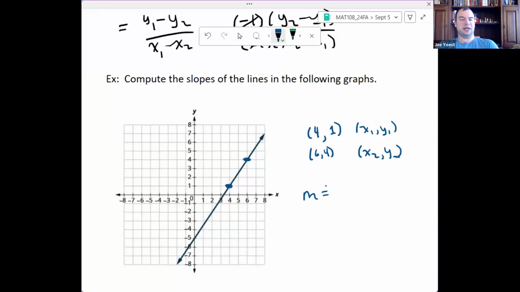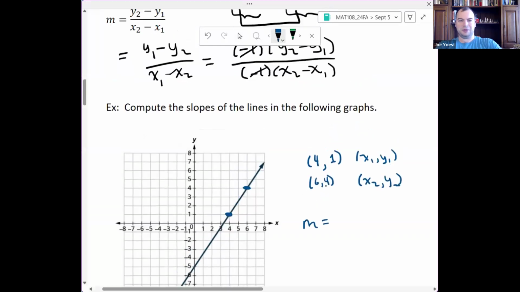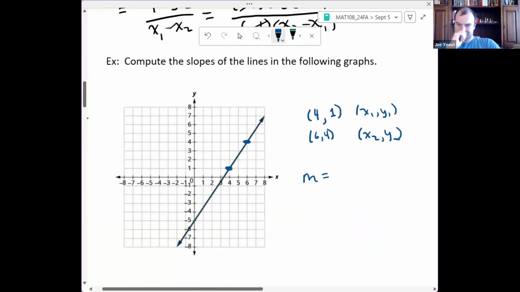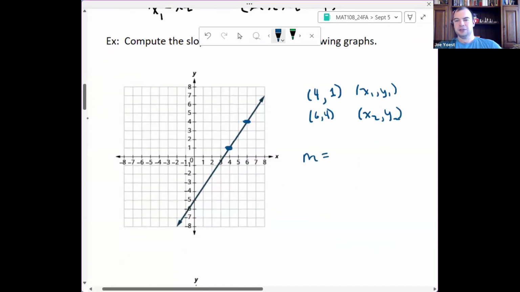My slope then, which I give the name m, when we see m, that typically denotes the slope of the line. It's the rise over the run. It's the difference in the y values, 4 minus 1, so going in this direction, divided by the difference in the x value, 6 minus 4.